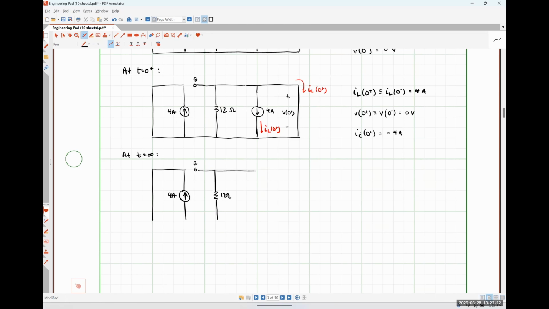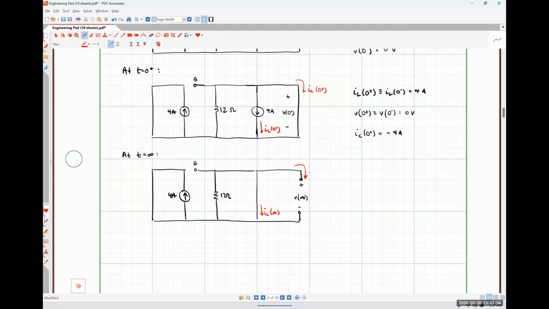At t equals infinity, my inductor is going to look like a short, and my capacitor is going to look like an open. So here's V at infinity. Here's IL at infinity.